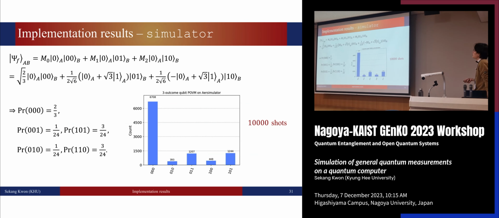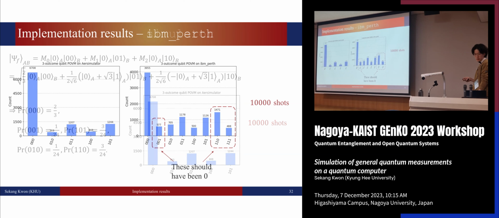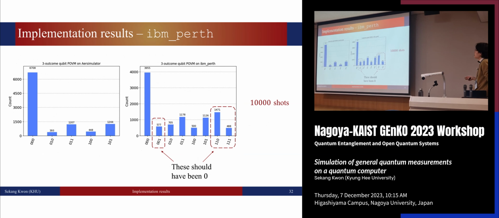So the first implementation result is on an Aer simulator. There is no noise, an ideal situation. So in this case, it fits well with our probability calculation. And next, this is a real quantum machine, IBM Pulse.